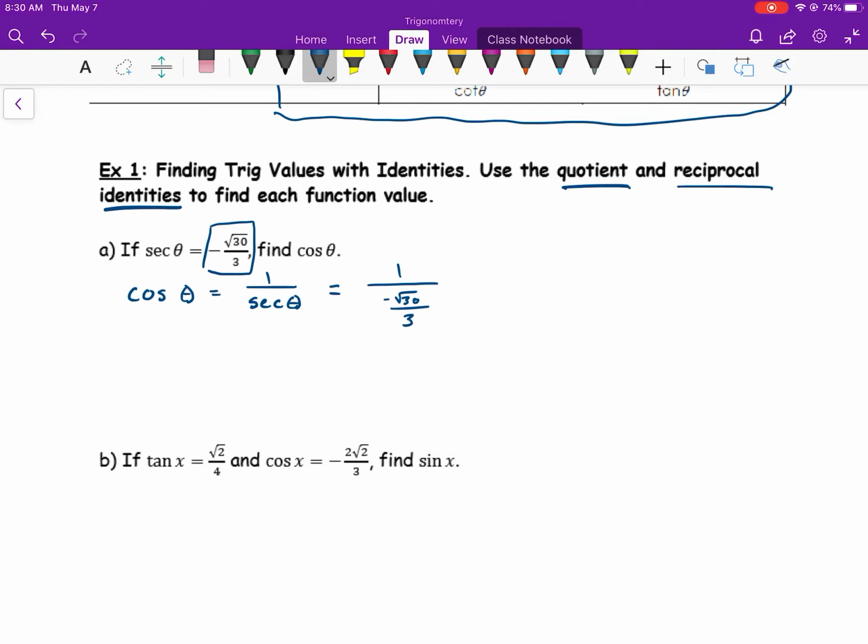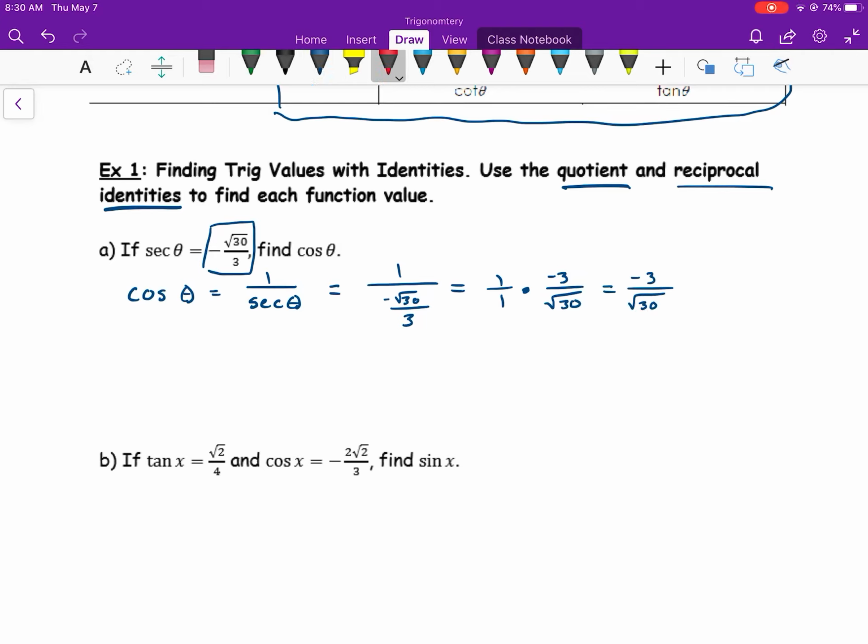Now I can't divide fractions, so I'm going to have to flip it and multiply by the reciprocal. So 1 over 1 for the top times negative 3 over square root of 30. Now I'll multiply across, I get negative 3 over the square root of 30.